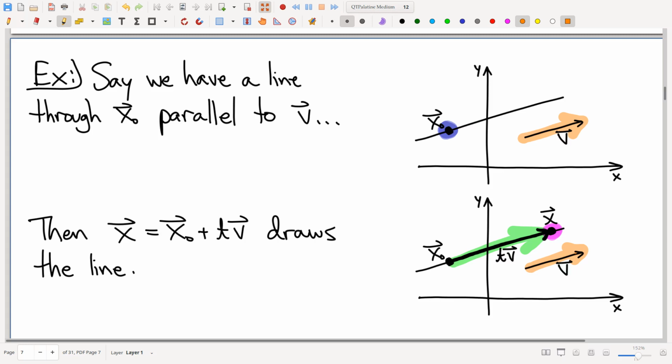And the result then is very convenient, that x is x naught plus tv, namely t times the given vector v. And so there's your parameterization, position as a function of time. Nice little slip. Everybody happy?